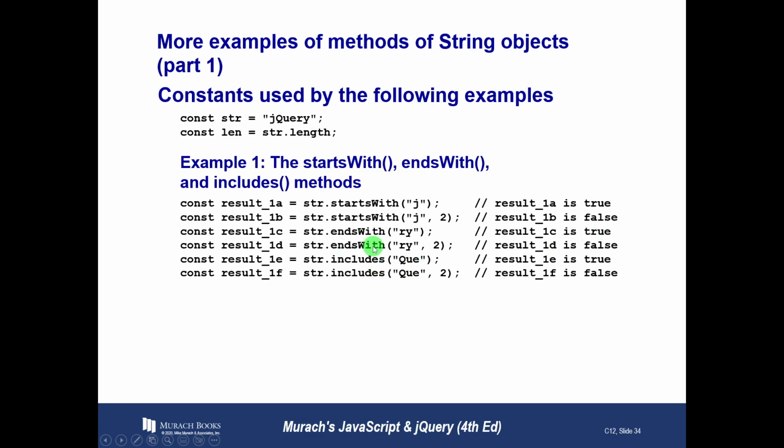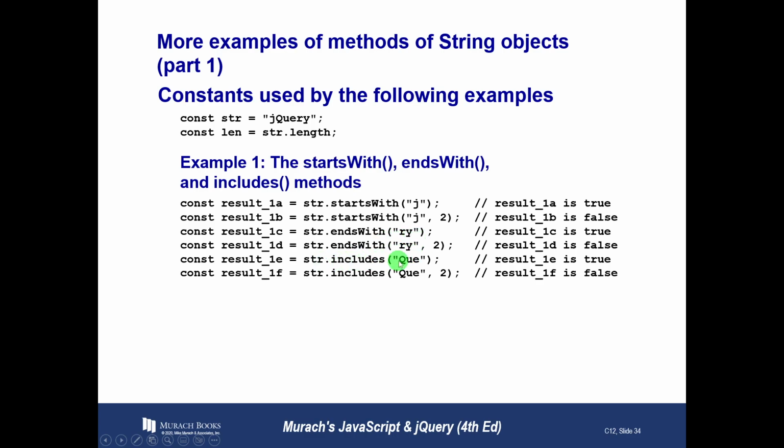We can check to see if it ends with an ry, but start here at position 2, and it still ends with an ry. Actually, no, the 2 here is telling it where to stop looking, not where to start. So it never gets down here to the ry, it stops at the u, so I get false. There's no ry going up to position 2.